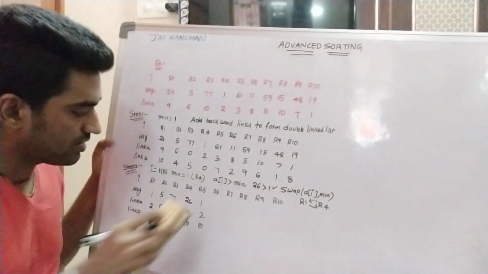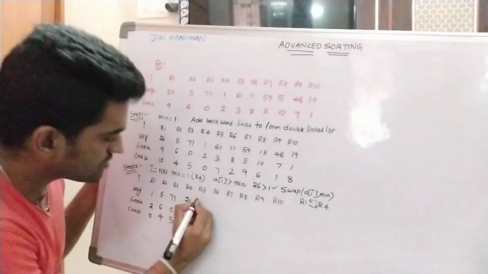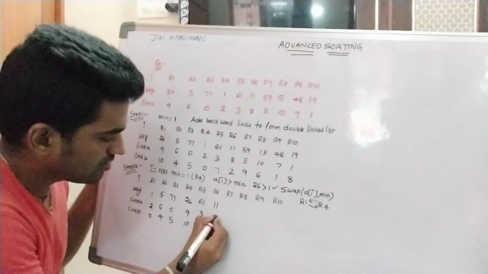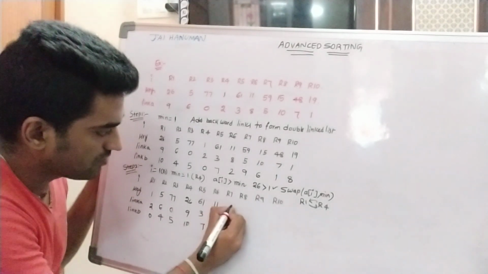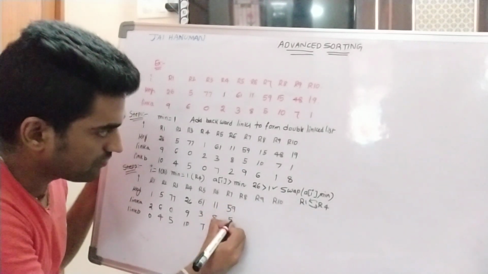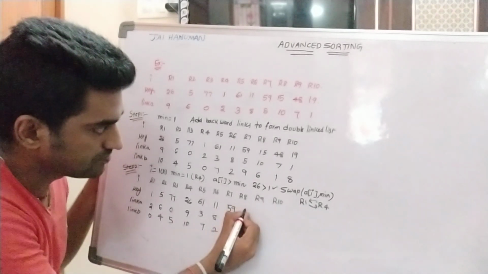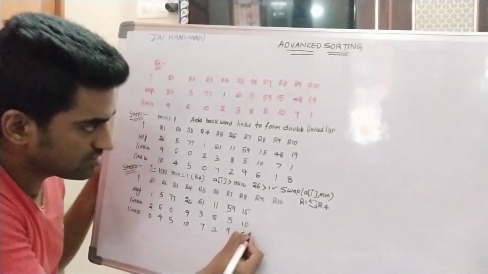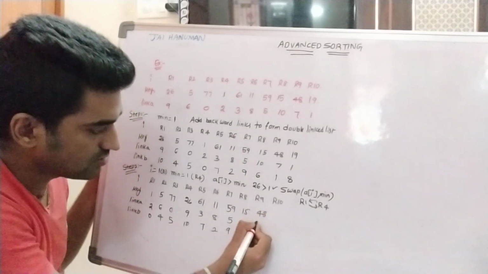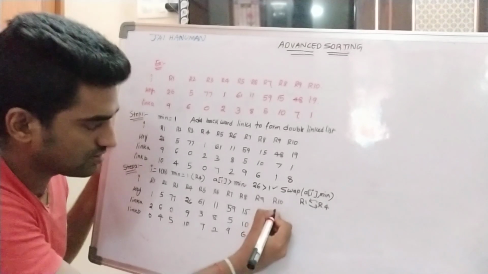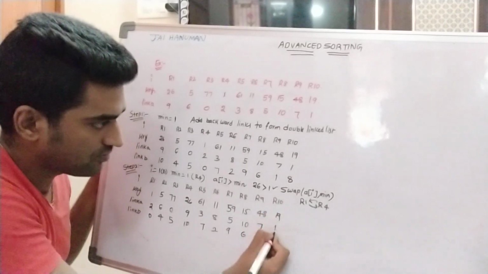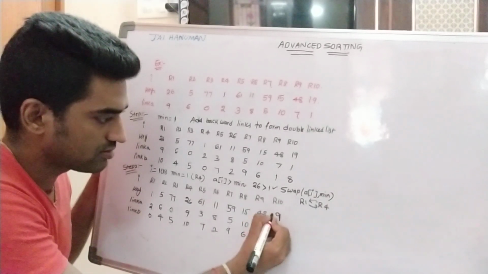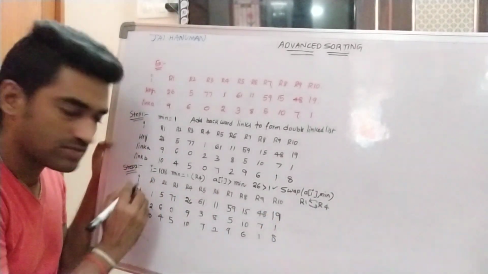Sorry, the R5 record is 61, 3, 7, 11, 8, 2, 59, 5, 9, 15, 3, 10, 6, 48, 7, 19, 1, 8. So after swapping, the R1 record has been sorted.